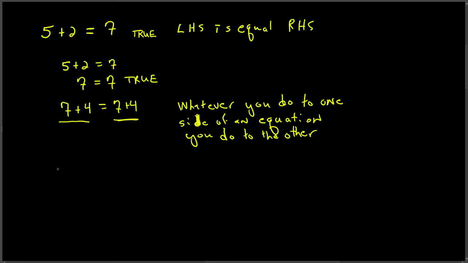Well, this really comes in handy when we put an unknown in. For some of these, we might be able to guess or have a method of, well, what plus 5 equals 9?